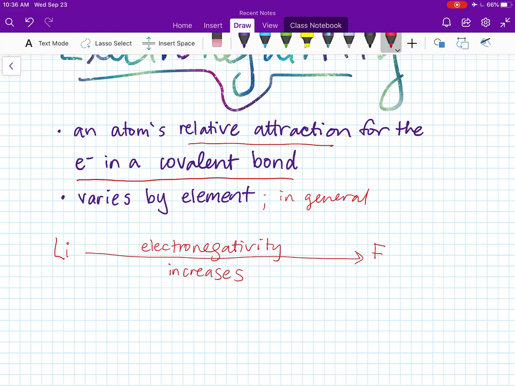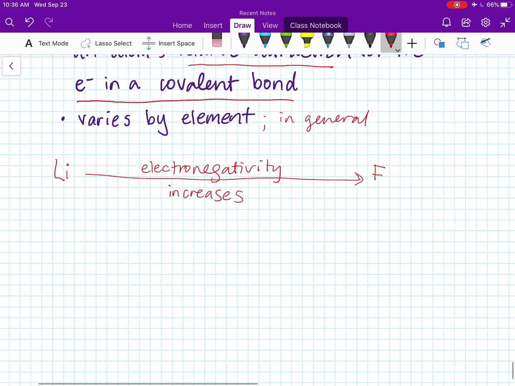You have effective nuclear charge increasing as you go across a row, and that means that an atom's relative attraction for electrons is going to increase across a row on the periodic table. Now, as we go down a column, say from lithium to cesium, electronegativity is going to decrease.